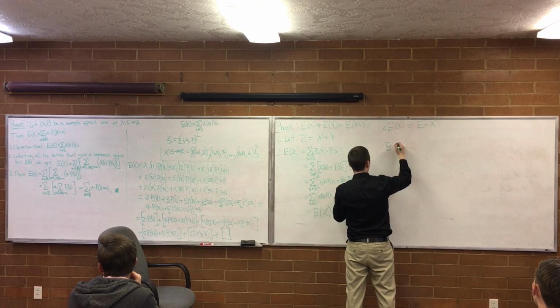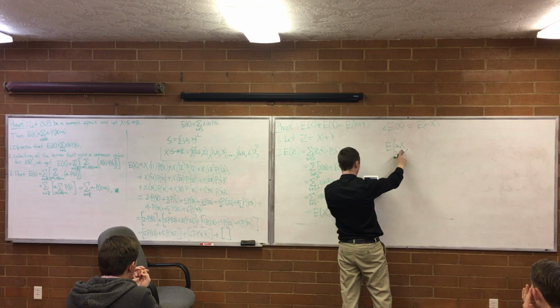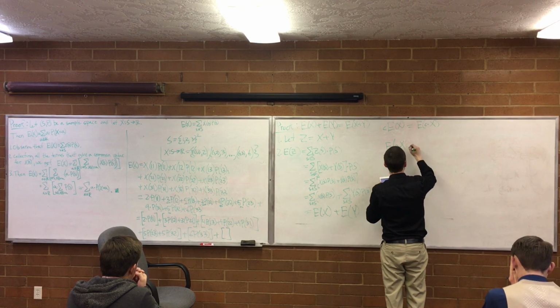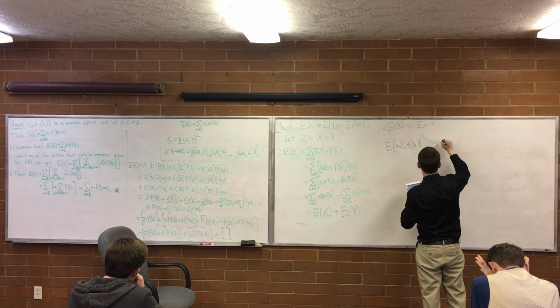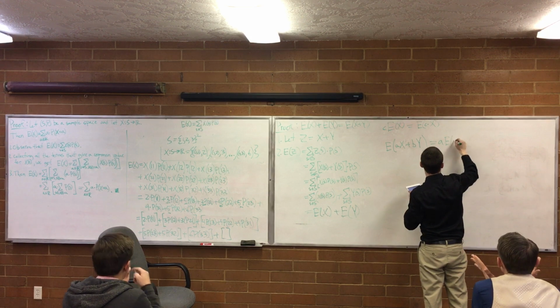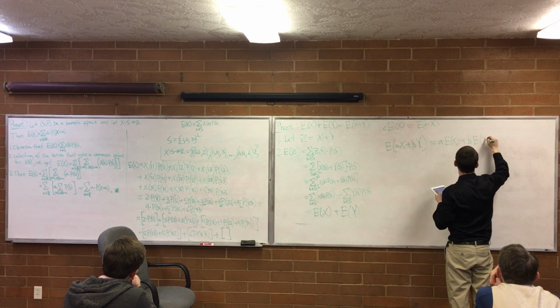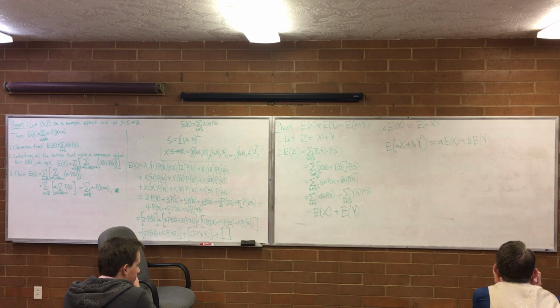The expected value of A, which is just a constant, times a function, the output of the function X, plus B times Y is equal to A times the expected value of X plus B times the expected value of Y, combining those two. And that's called linearity.